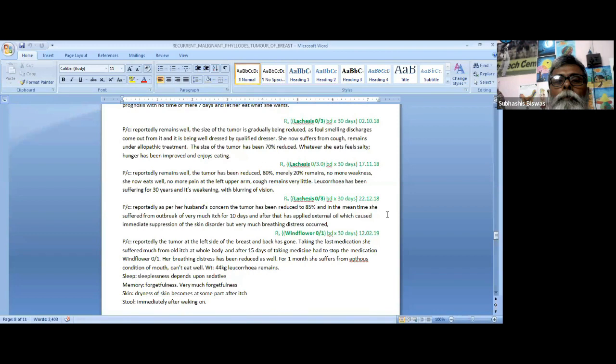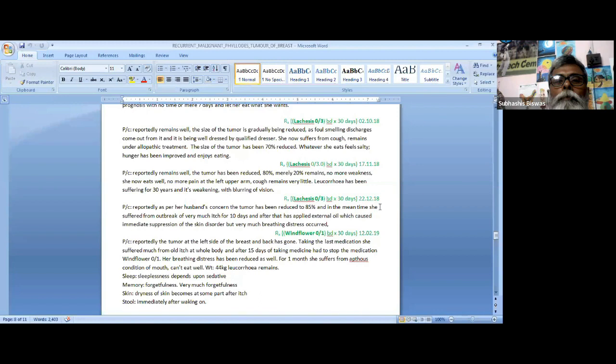Again, I repeat, Latex 0/3. I don't know, because nowadays I don't do it, but that time, seeing the furious condition of the case, I dared to give her Latex in further potency.